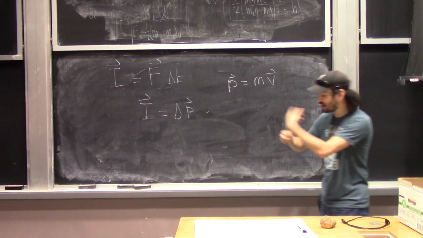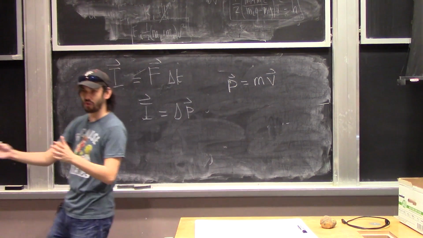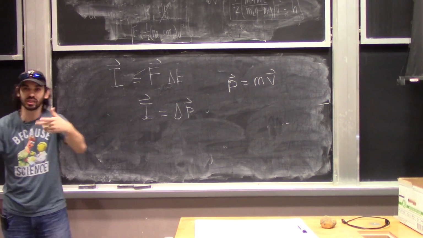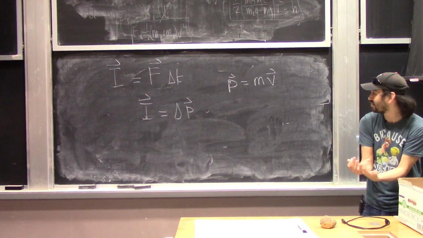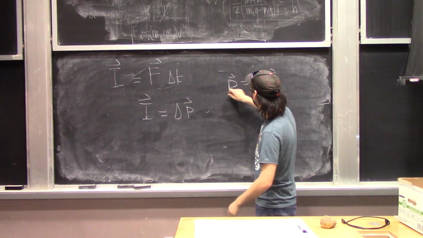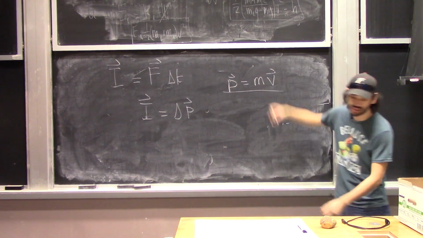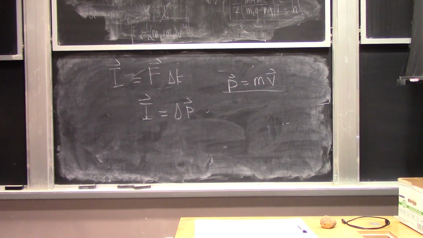You could say something analogous about a train car. Even if it's not moving quickly, it has a lot of momentum because it has a very large mass. And so what we can see from this equation is that the product of the mass and the velocity is what dictates the momentum of an object.